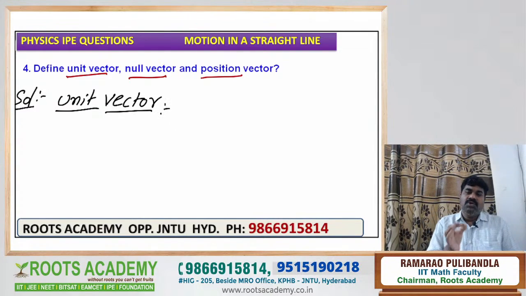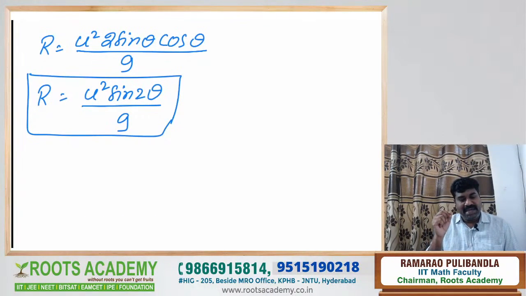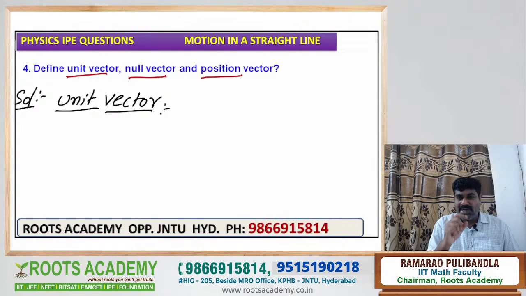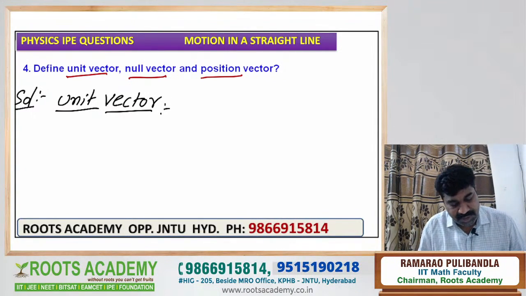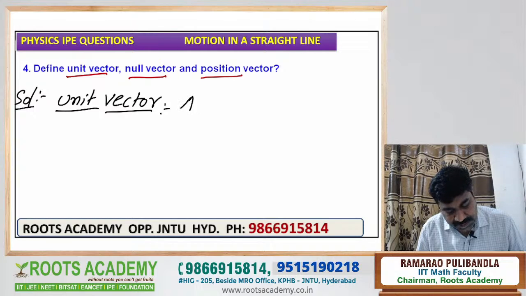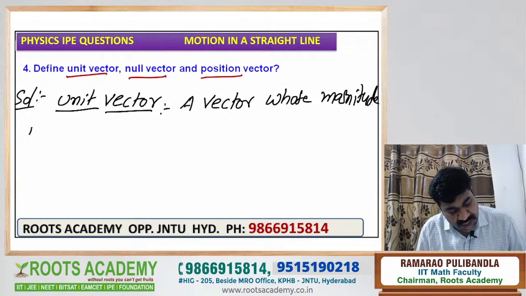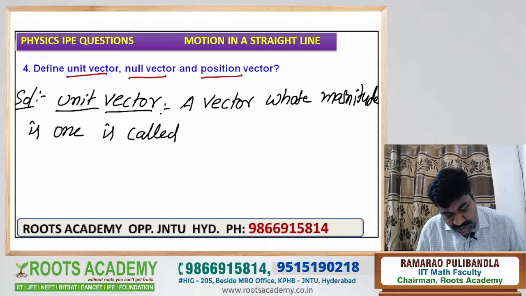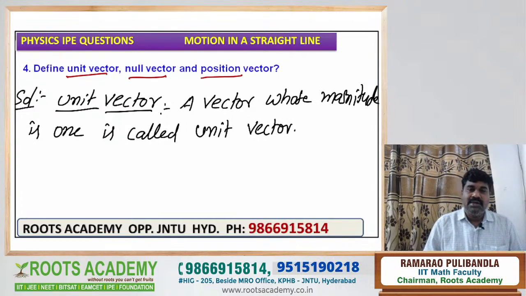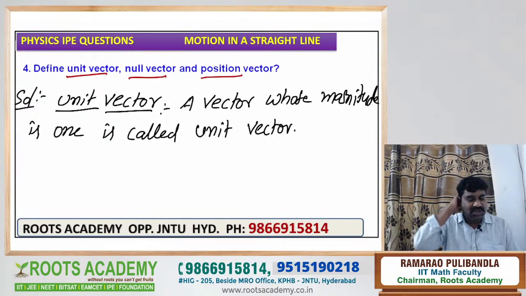A vector whose magnitude is one is called the unit vector.